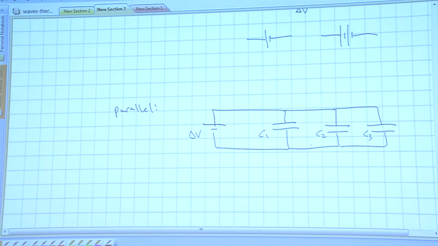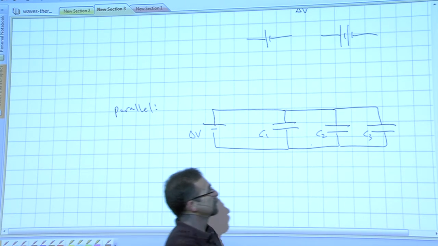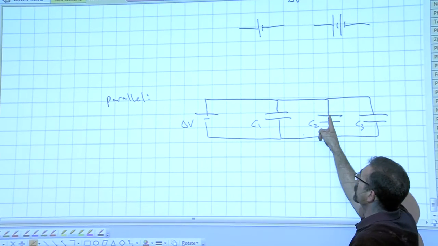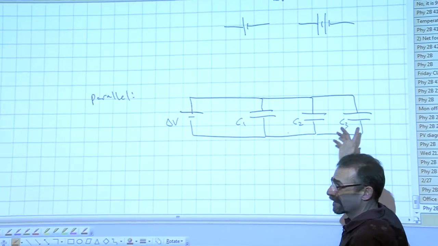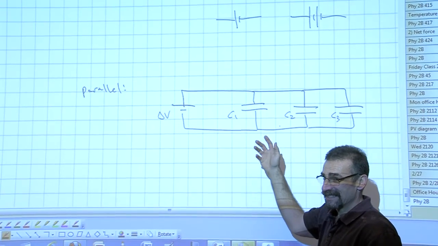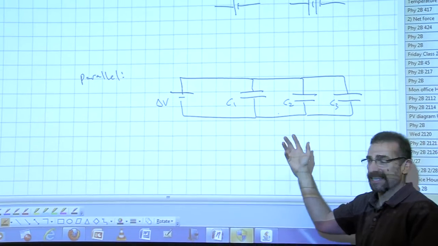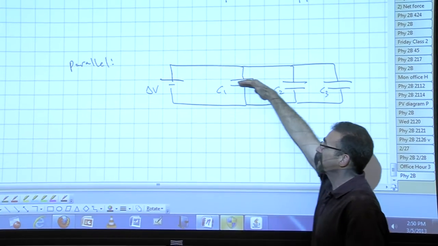And the bigger those plates, the easier it is to push charges in there with the same battery. So what happens when we put another capacitor right next to it and tie the plates together? It seems like it's as if we just increase the surface area of the plate.